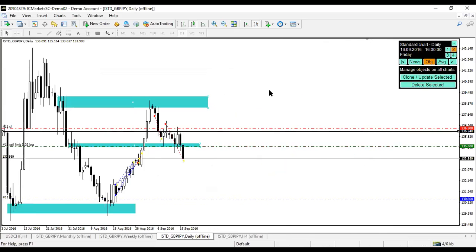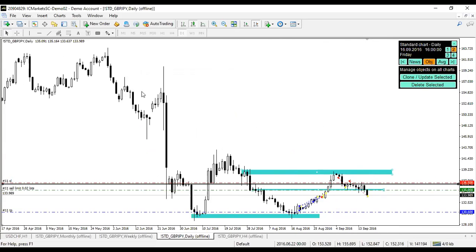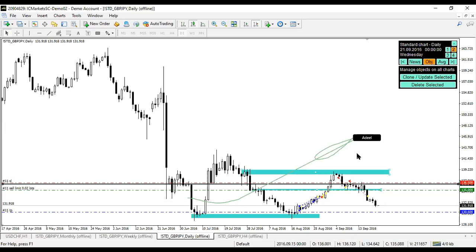So let's see, if price goes up to retest this level, then it would be activated. As we see, GJ and gold has one thing, that it did not go up to retest most of the time.